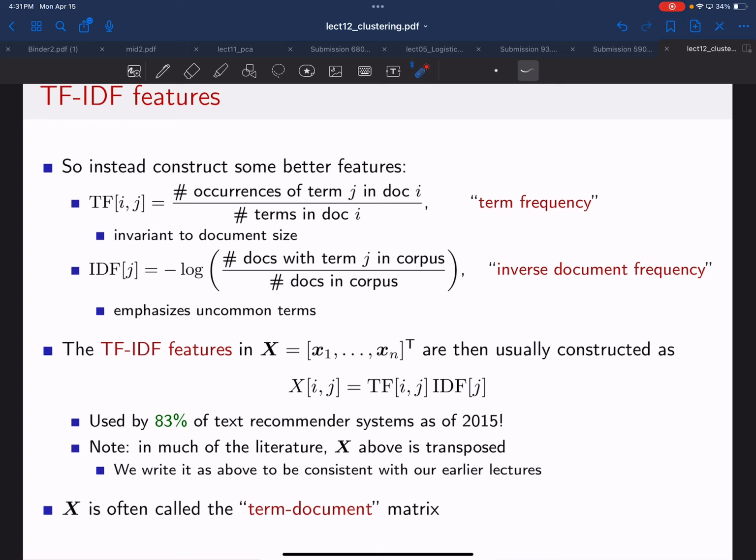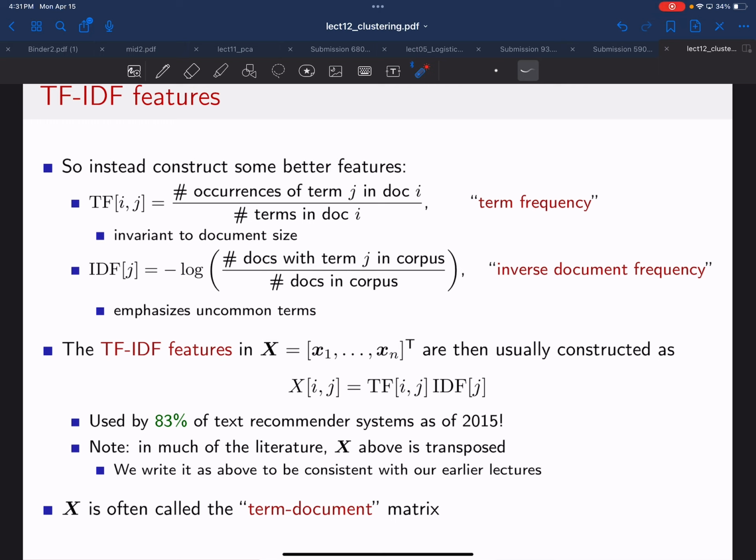Since that's inversely proportional to how important that term is, and you want to focus on the terms that are important, which will be the rare ones, you actually want to invert this ratio. If we have a minus sign outside of a log, that's the same as moving the minus sign in, which is like inverting this. So that's where we get this inverse document frequency. And it happens to be better to put this on a log scale, so there is also a log there.